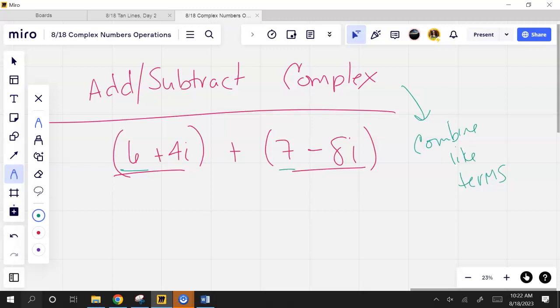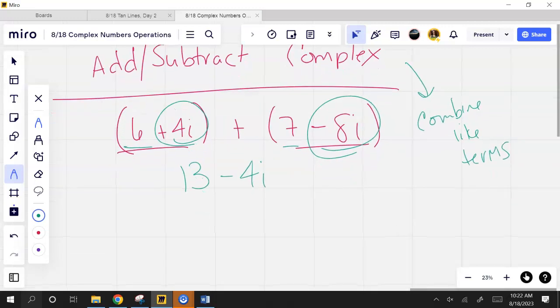Y'all can do this. 13. 4i and negative 8i is what? Negative 4i. That's how you add complex numbers. That's the answer. It is that easy. We can mix it up and throw some imaginaries in here as well. And I'm going to make this one subtraction. Let's see what happens.